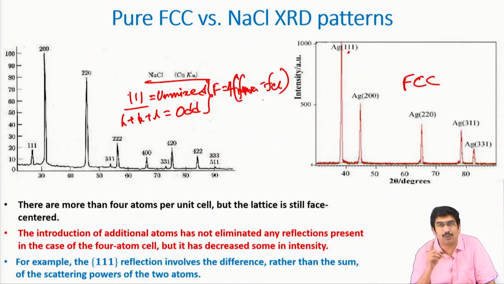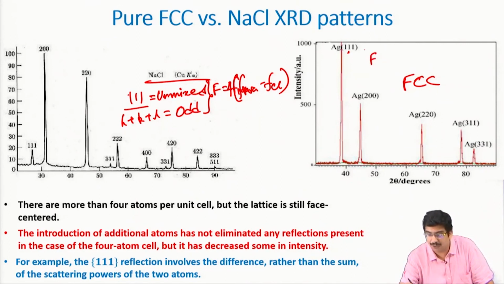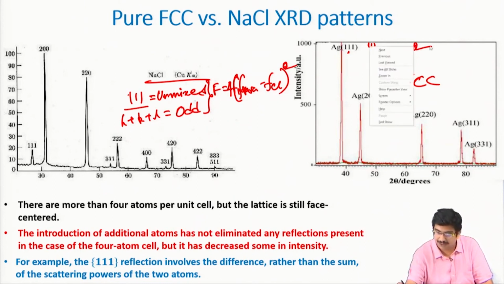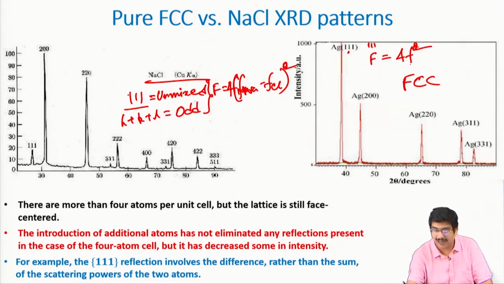This is the structure factor for 111 in case of NaCl, whereas for the regular FCC the structure factor for the same 111 plane is simply F equals 4f. So, this is the difference. Definitely the intensity of these two will be different, or at least the expression is different.